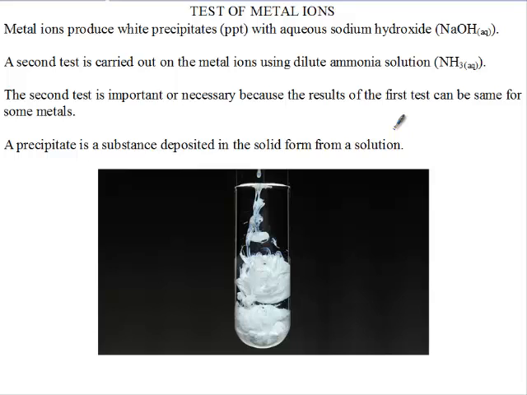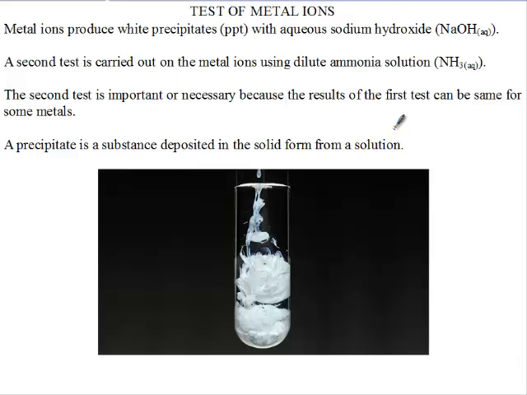It is necessary because the result of the first test, where the metal ion reacts with the sodium hydroxide, can be the same for some metals. So the second test will then give us a clear distinction between the two.